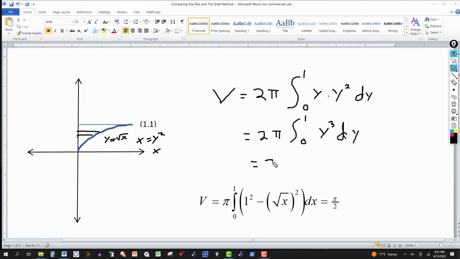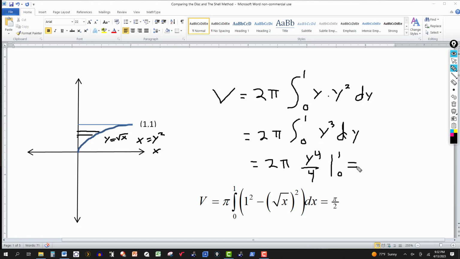And then we just integrate here: 2 pi times y to the third. Basic integration: add 1 to the power using the general power rule for integrals. 3 plus 1 is 4. Divide by 4. The limits of integration are from 0 to 1.